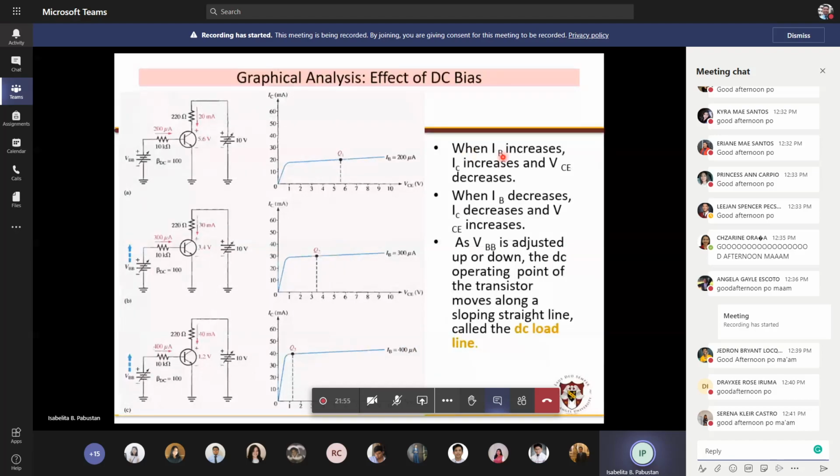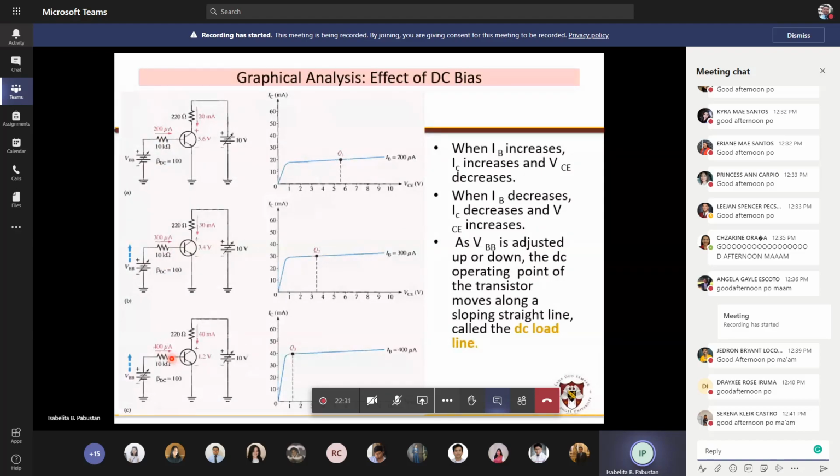Ang sinasabi dito, when IB increases, nag-i-increase yung IB dito in such a way that we are adjusting the VBBs here so that you can come up with 200, 300, and 400. Ganyan yung gagawin ninyo sa experiment. You will be asked to vary the VBB so that you can come up with certain values of base currents.